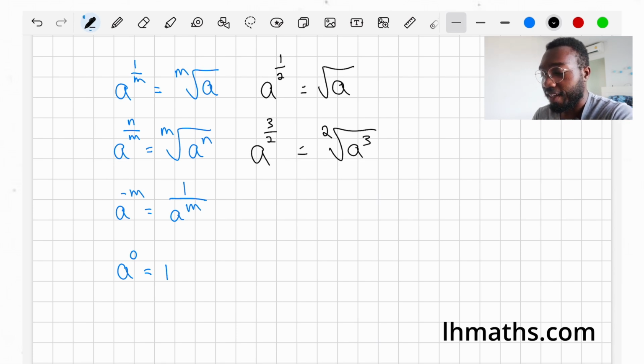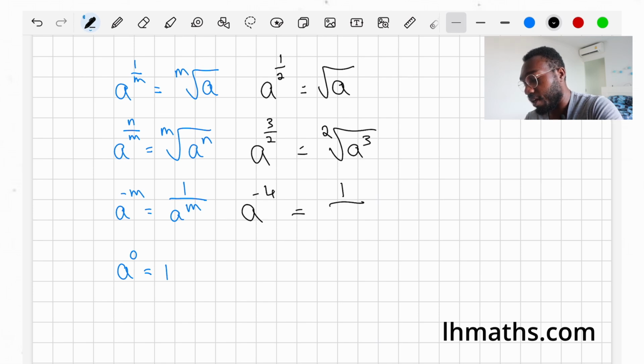So you can say it like that too. And then if we had a to the negative 4, that is the same as saying 1 over a to the 4. And obviously a to the power of 0: anything to the power of 0 will always equal 1. Okay, so let's get on to some examples.